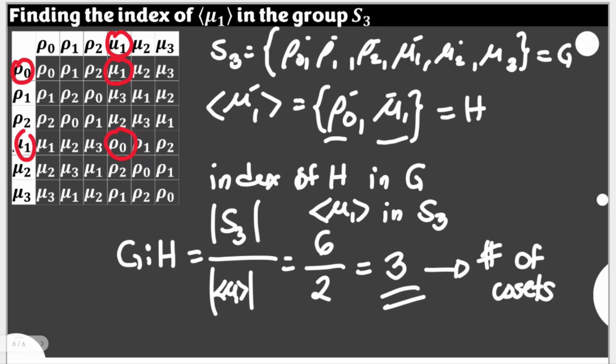This is true for both the number of left cosets, there are 3, and the number of right cosets, there are also 3. This is the beauty of understanding the index of a certain subgroup in a given group, because it tells us the number of left and right cosets.